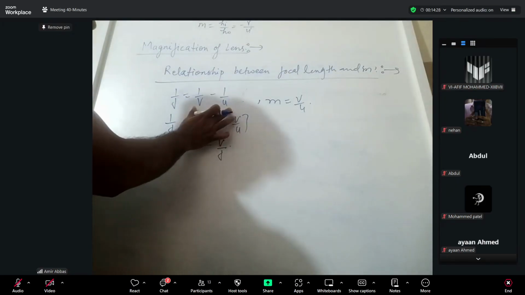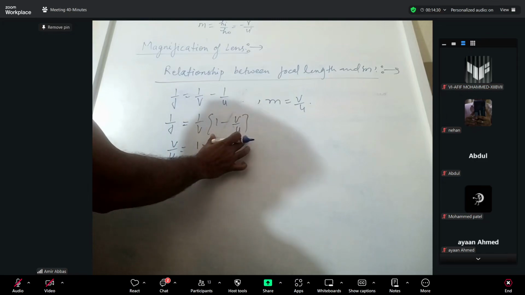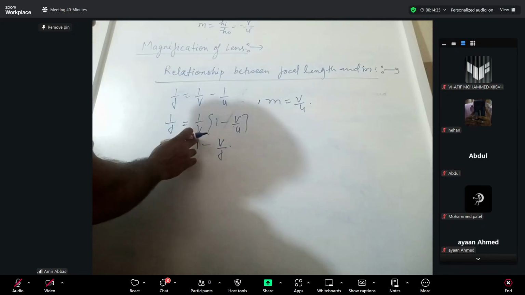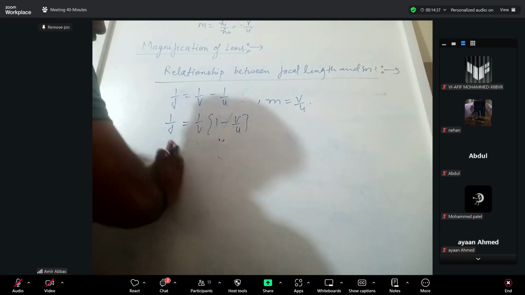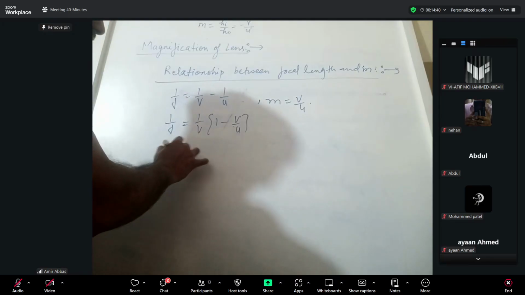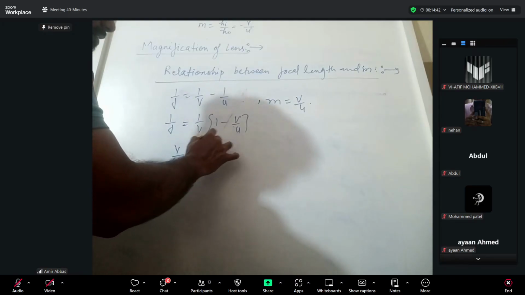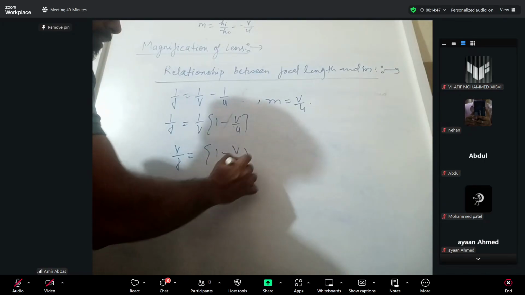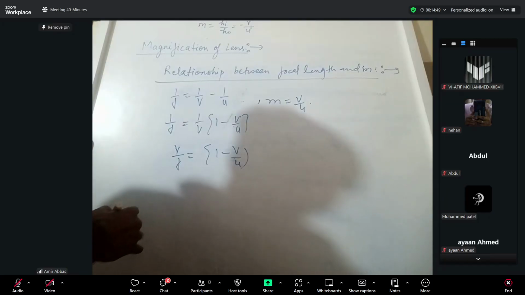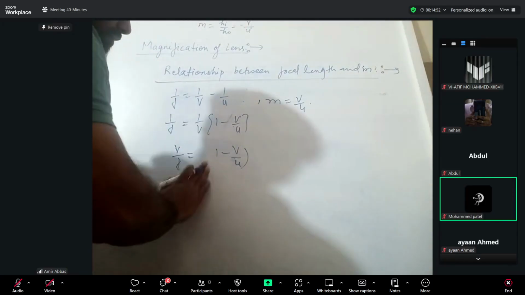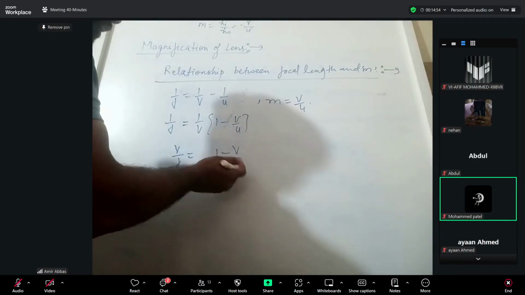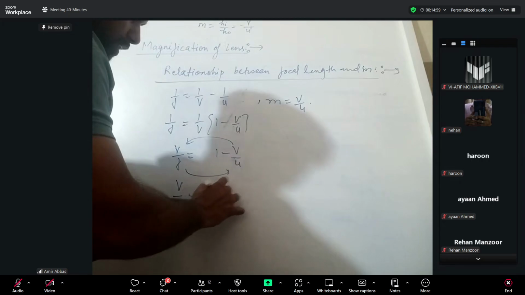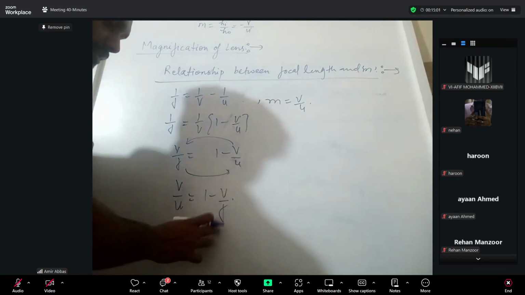What remains inside? 1 minus V over U. Then we bring it to this side and take this to this side. What will happen? V over U is equal to 1 minus V over F. Can we write this?